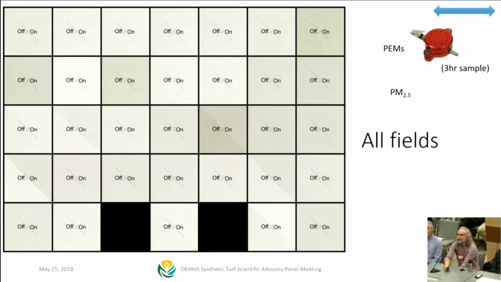And so you can see on the really dirty filters that were collected, it's indicating that there was a lot of ambient particulate matter in the air, and this was a 2.5 cut on it. But we also see some where there's not that much difference between the on and off field from a visual point of view.